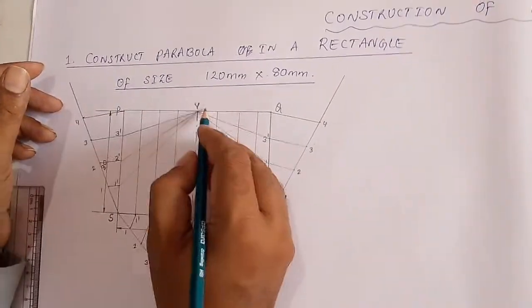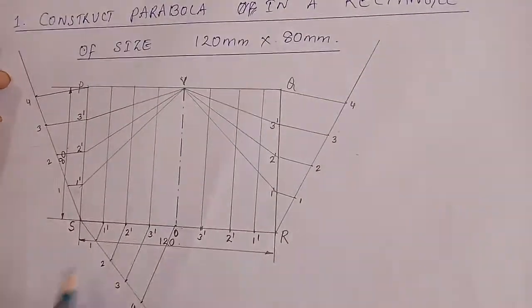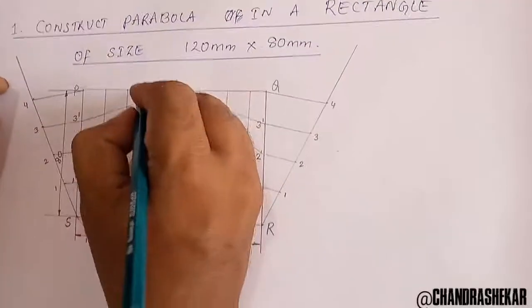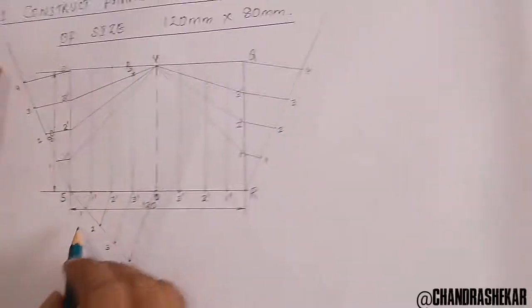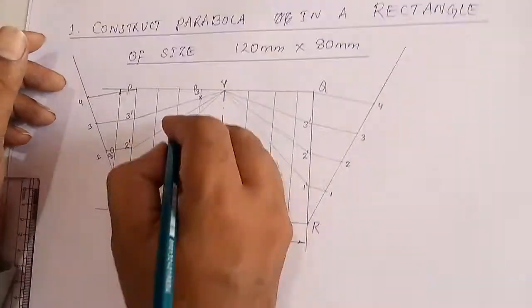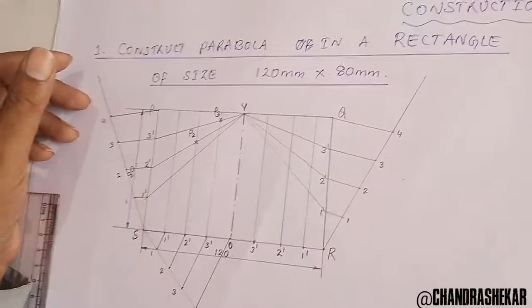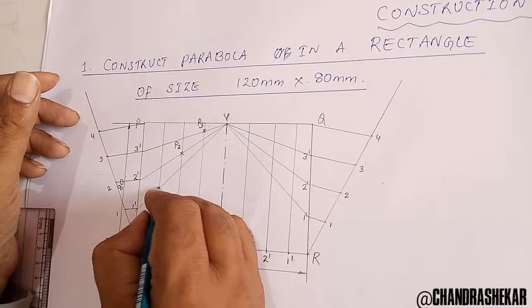See where the 3 dash line and the V3 dash line meet. Call this P3. The 2 dash line and the V2 dash line intersect here. Call this P2. The 1 dash line and the V1 dash line intersect here.